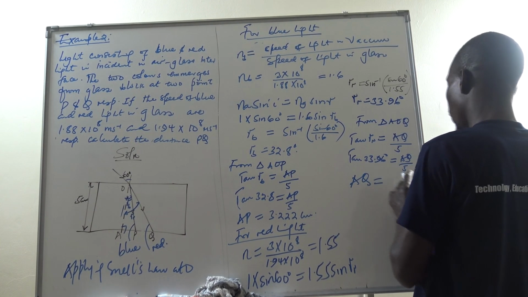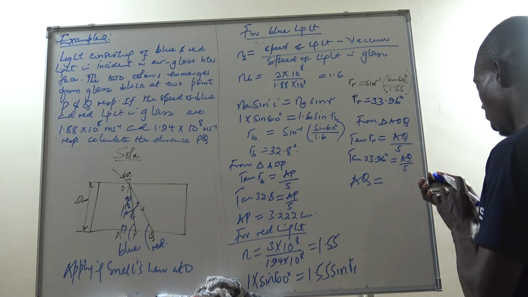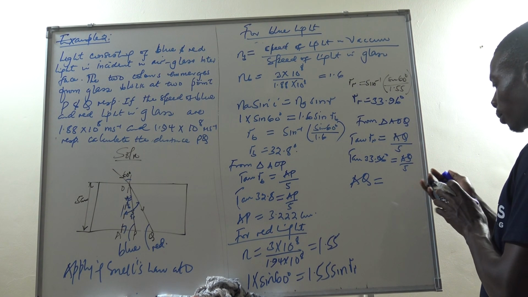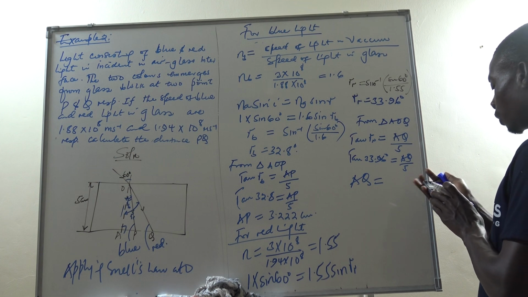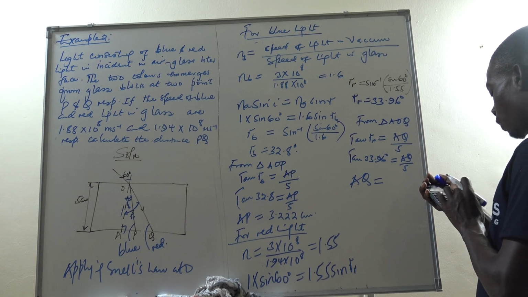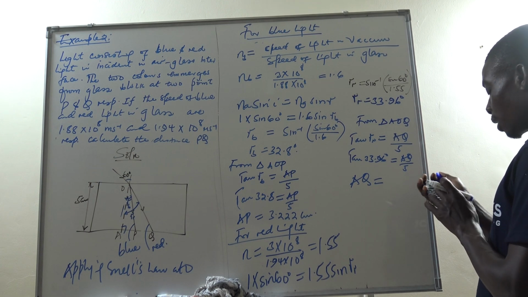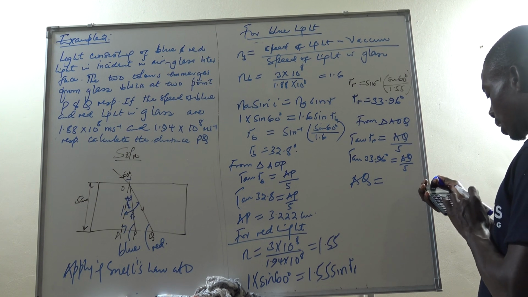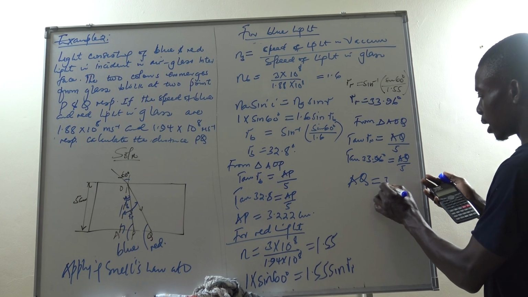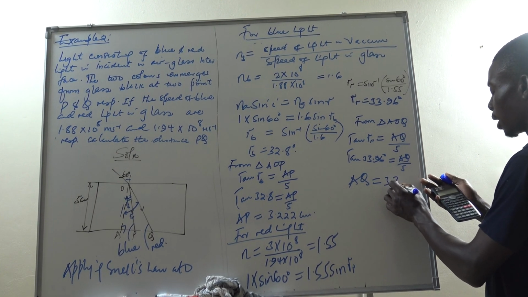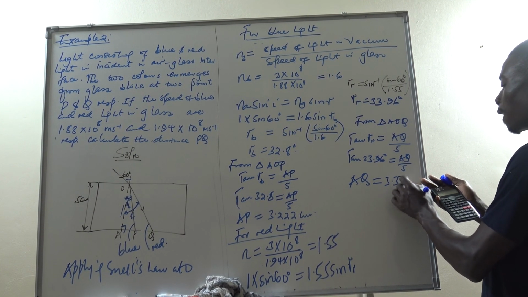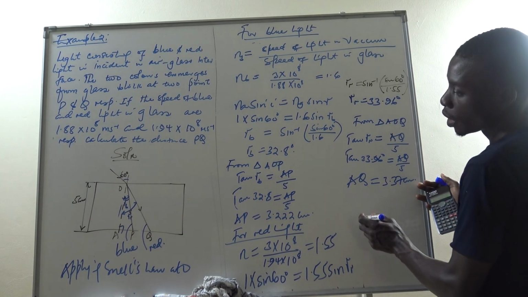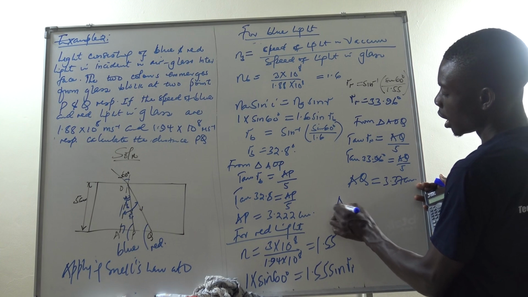What is AQ? It is 5 times tan of 33.96, which is 3.37 centimeters.